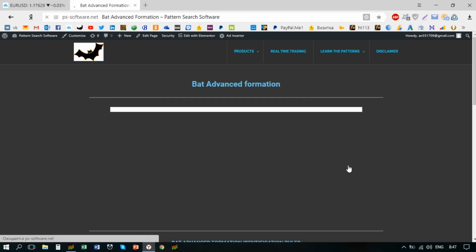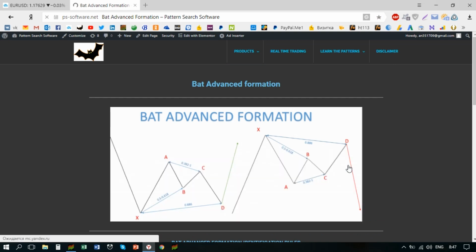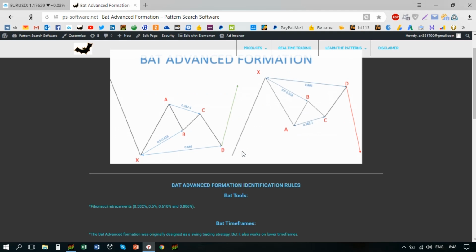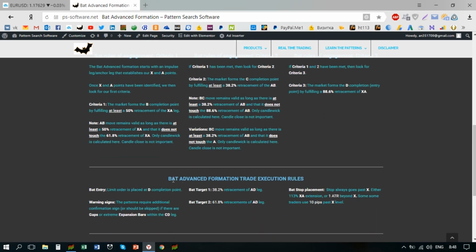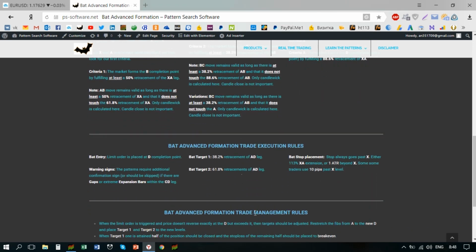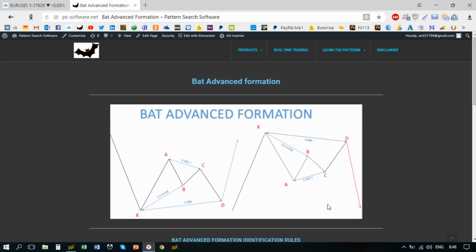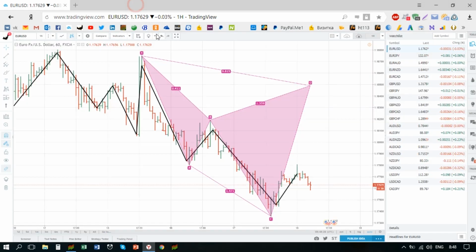Let's say BAT advanced formation, and you will have the most detailed explanation of these patterns that I'm using: the BAT advanced formation identification rules, criteria 1, criteria 2, criteria 3, and trade execution rules, and also trade management rules. Unfortunately, many of you just forget that not only identification but also execution and management are an important part of trading.